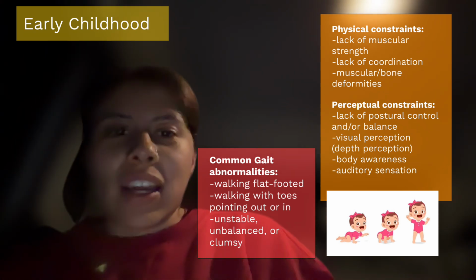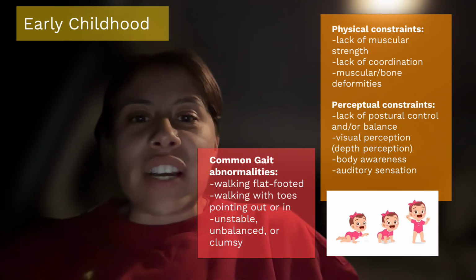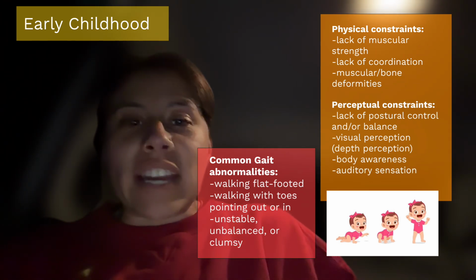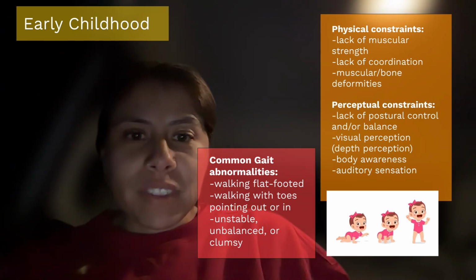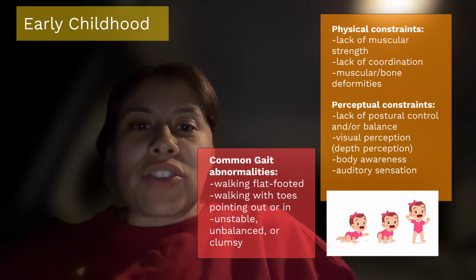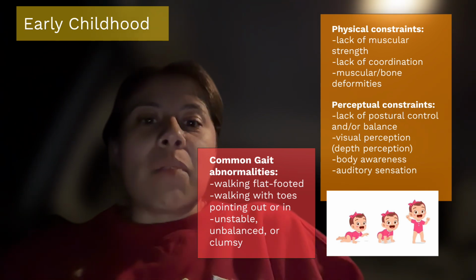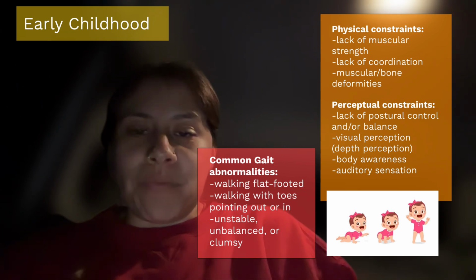Okay. So in early childhood, some physical constraints could be lack of muscular strength, lack of coordination, muscular or bone deformities, and some perceptual constraints could be lack of postural control or balance, which was exhibited before when the toddler was leaning forward, visual perception or depth perception, body awareness, and auditory sensation.